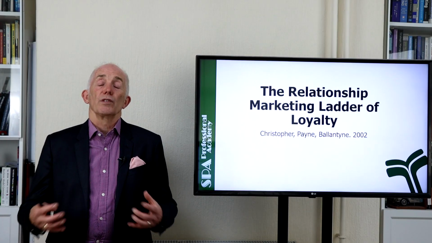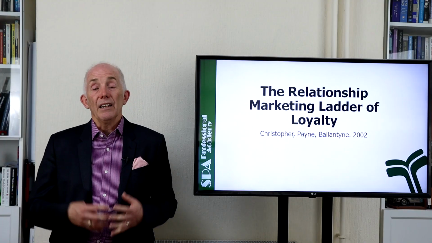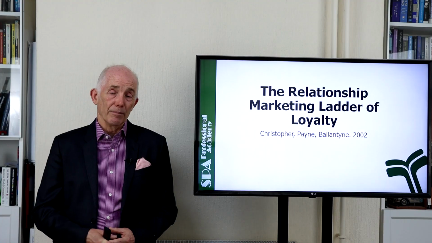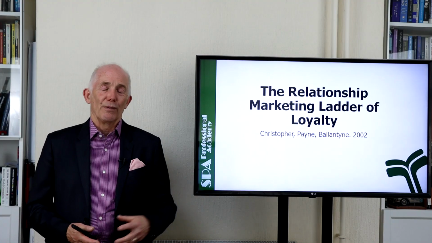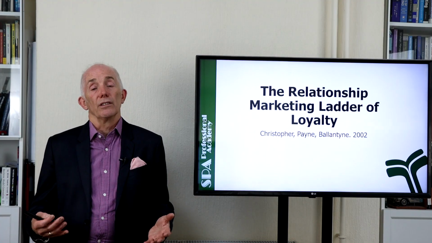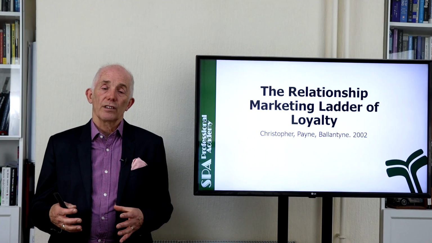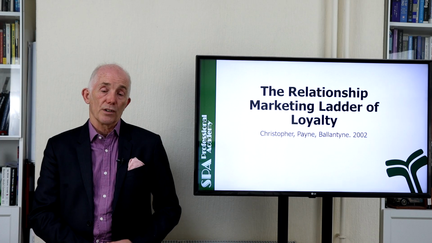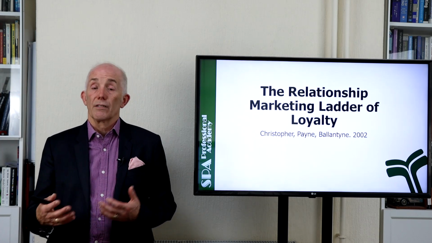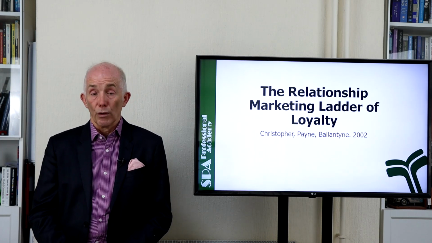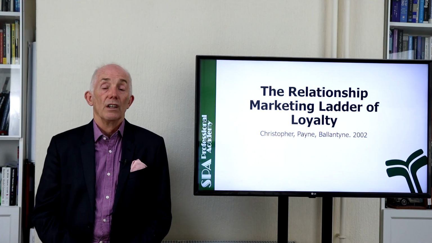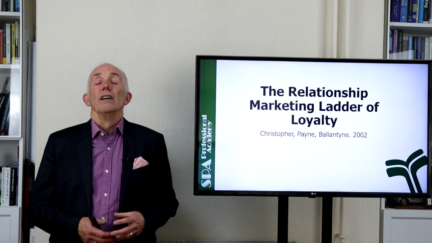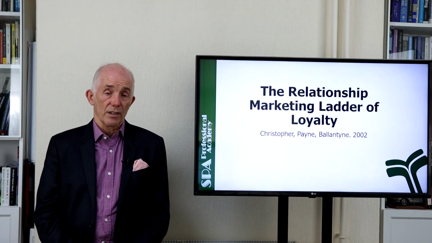I'm Andy Sherratt of Spa Professional Academy, and a long established model that's been used, you can see from the slide here, since 2002 to help understand relationship marketing and the different stages of relationship marketing is this relationship marketing ladder of loyalty, typically just referred to as the ladder of loyalty, from Christopher, Payne, Ballantyne, from, as I say, 2002.